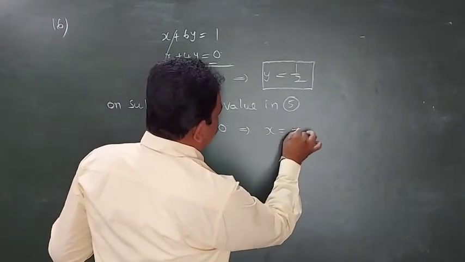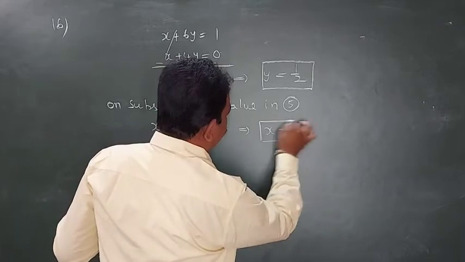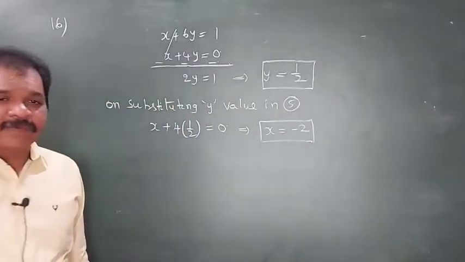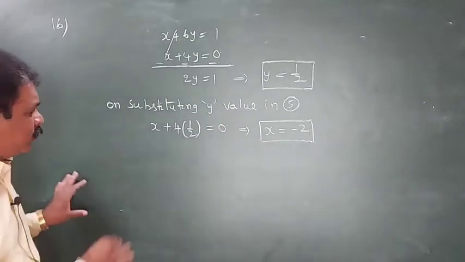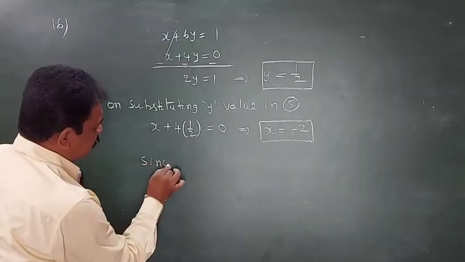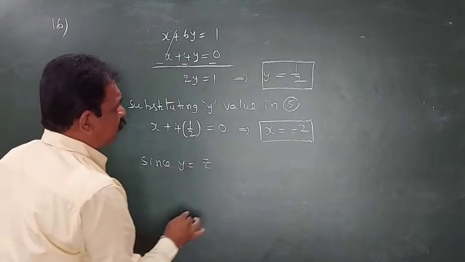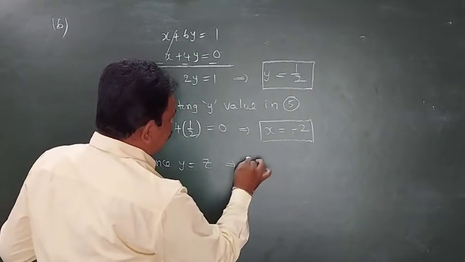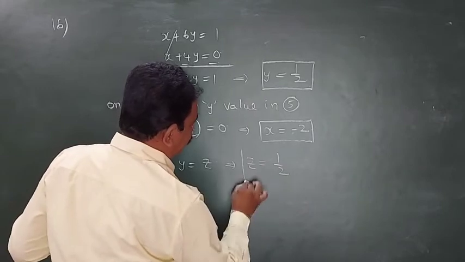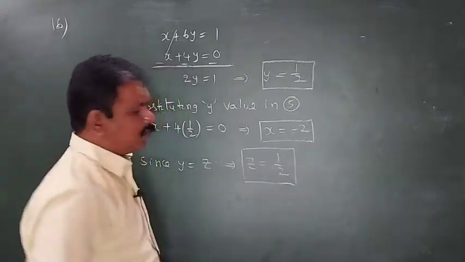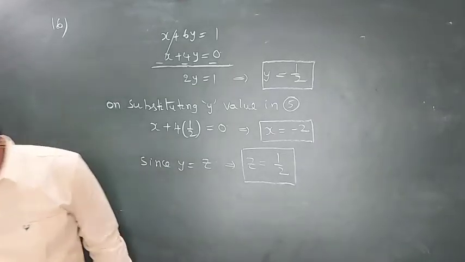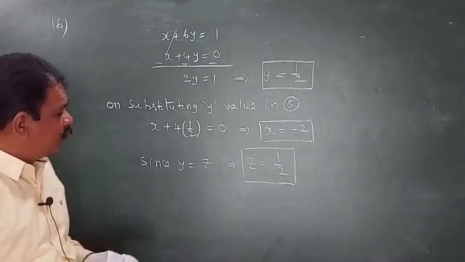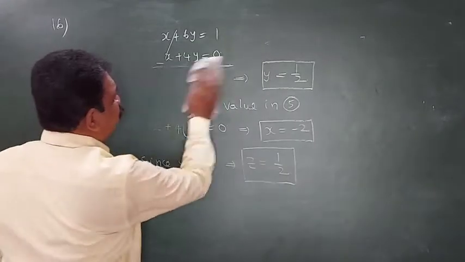X is equal to minus 2. We got X value also. And we know Y is equal to Z. Since Y is equal to Z, Z is equal to 1 by 2. So we got X, Y and Z values. Now we are substituting these values from 1.